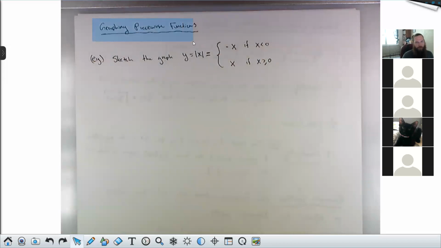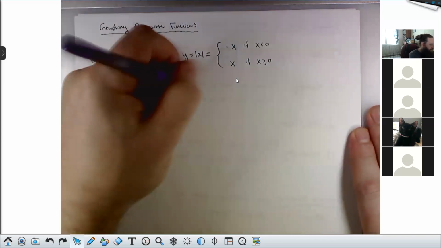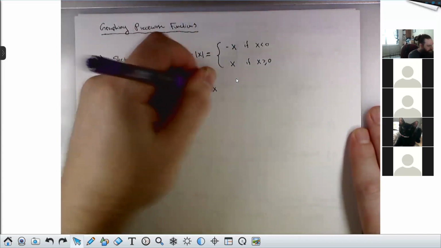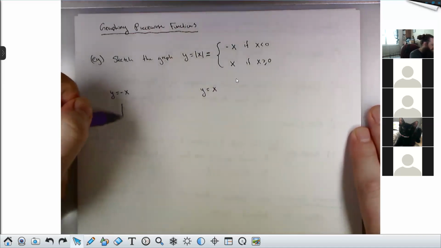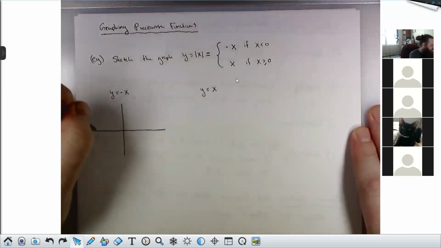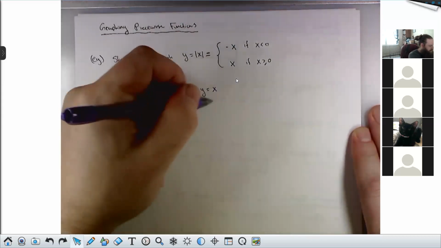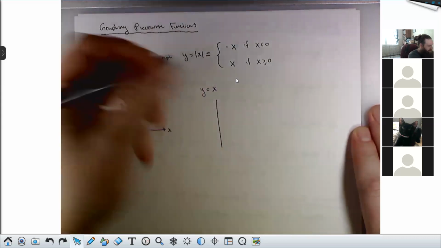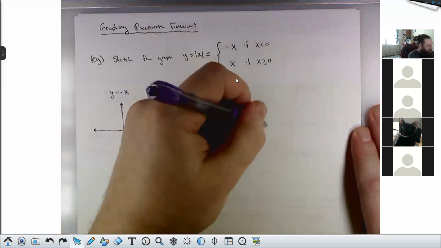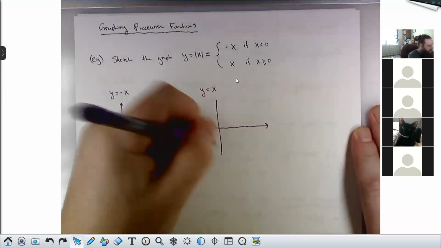How do you graph a piecewise function? Well, you start by graphing each of the pieces. So I'm going to start by sketching two graphs. One of them is y equals negative x. The other one is the other piece, y equals positive x. Neither of these have to be perfect works of art, just good enough to give you a feel.